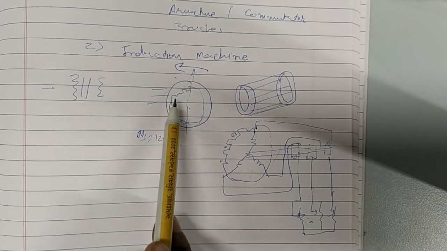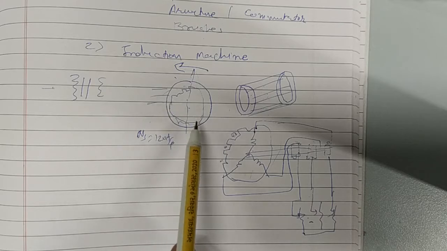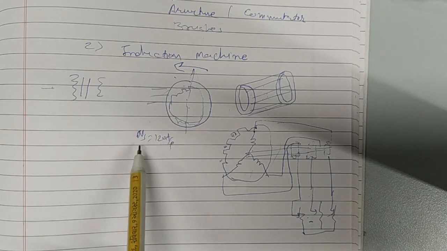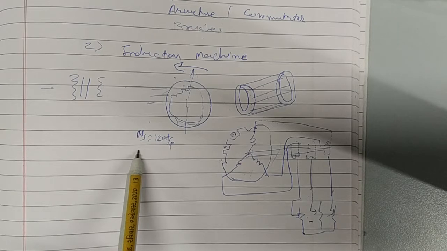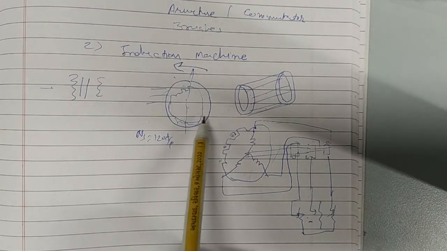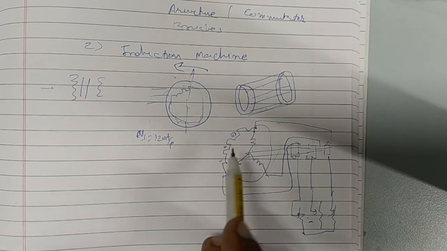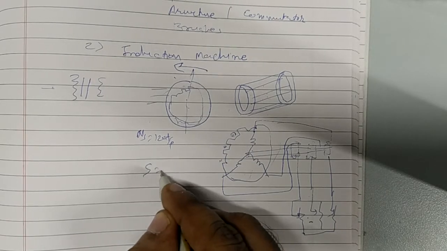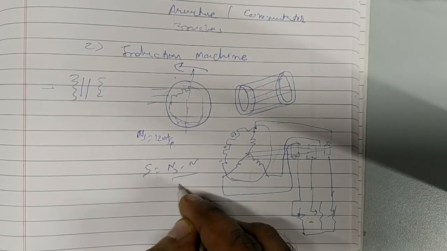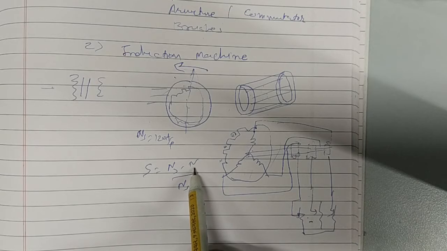So in the same direction it is going to rotate, but it will not be able to achieve this synchronous speed, because only the speed difference, which is called the slip, (Ns − N)/Ns, where N is the actual speed of the rotor and Ns is the synchronous speed.